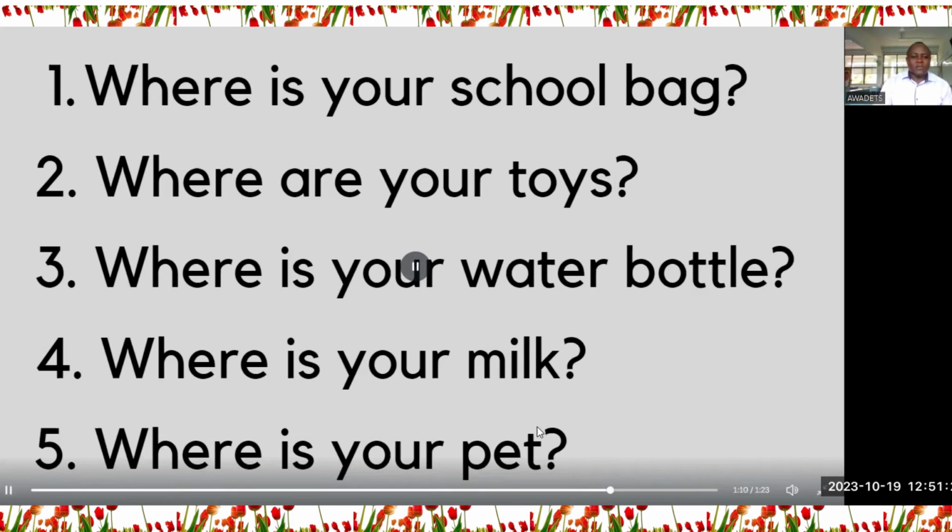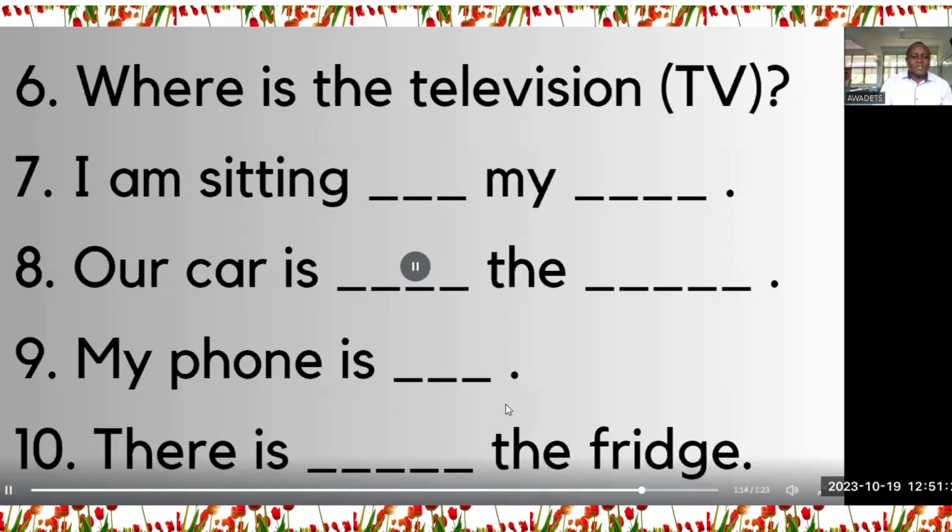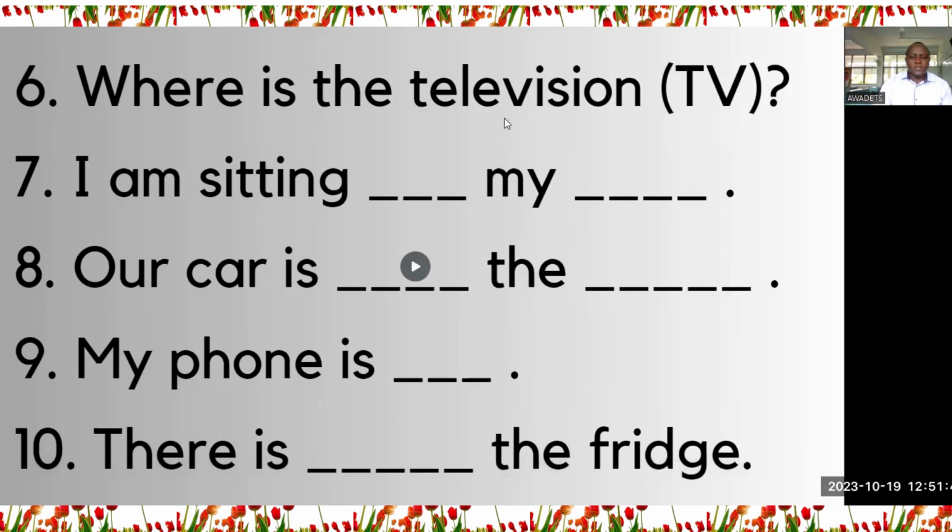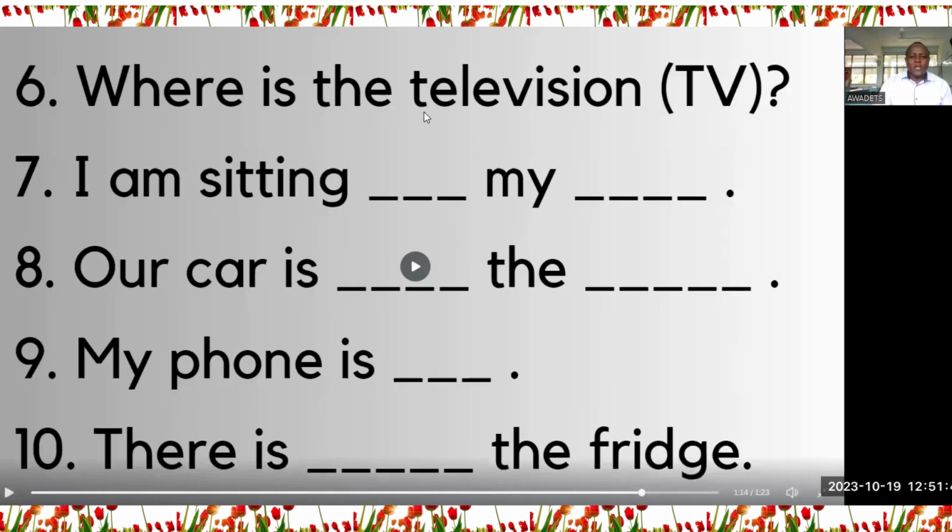Next set of questions, question number 6. Where is the television or TV? Is it on the wall? Is it in a cupboard? Is it under the table?